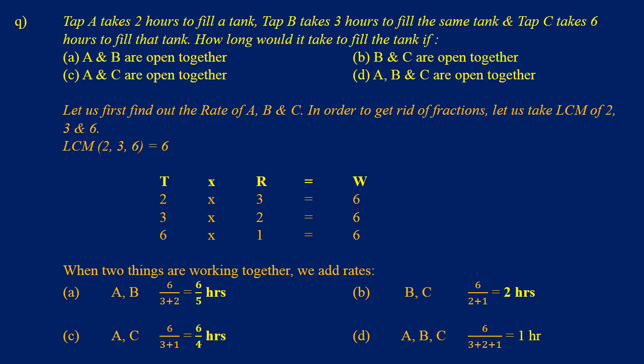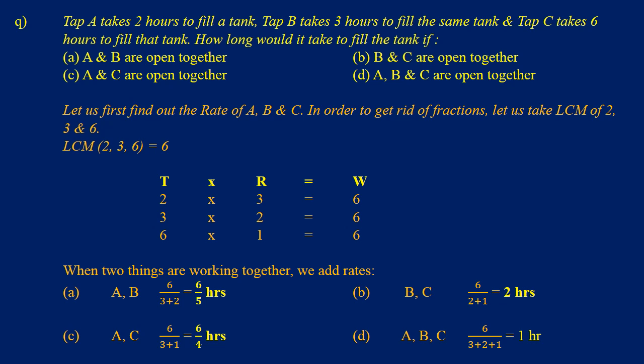Hence, the time taken to fill the tank by B and C together will be 6 over 3 or 2 hours. Right? Now, same goes for A and C. Their combined rate is 3 plus 1, which is equal to 4, and the time taken by A and C to fill the tank would be 6 over 4 hours or 3 by 2 hours.